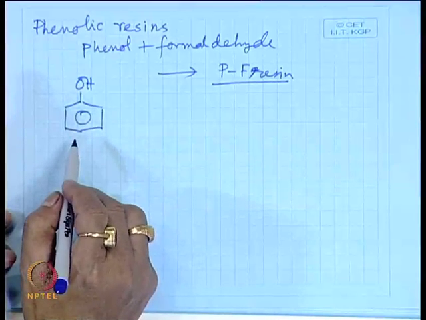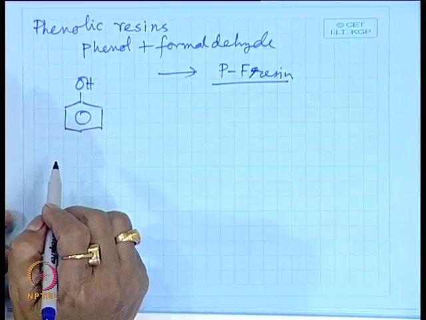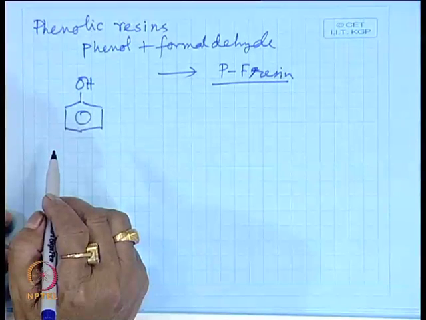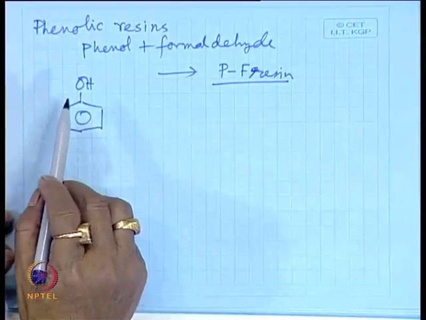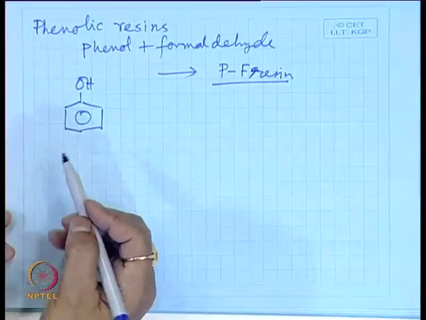How many functional sites are there? One of you is telling it is 1 and some other is telling 6.